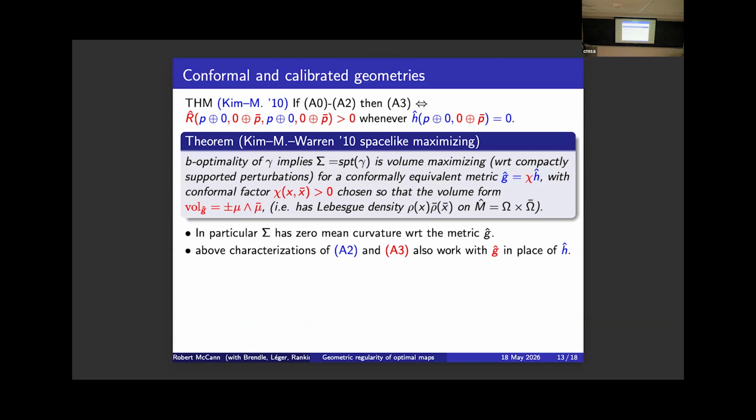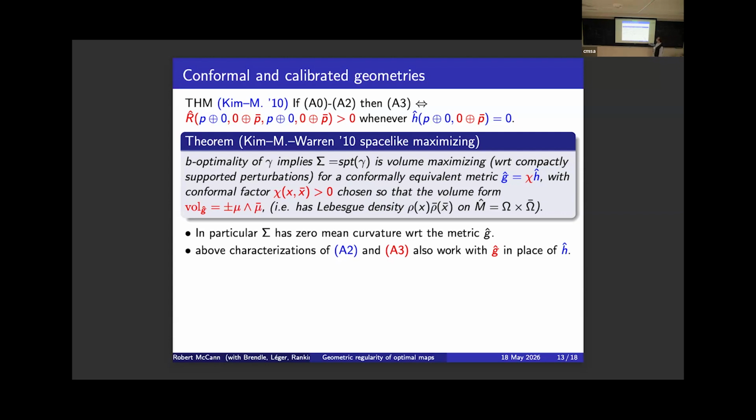Okay, but so far we defined our metric entirely in terms of the cost. We haven't invoked the densities at all. And what we did with Micah Warren was observe that you can put a conformal factor chi in front of this metric H, and you choose the conformal factor so that the volume of the new conformally equivalent metric is just the product, up to orientation, of the given forms mu and mu bar on the two domains.